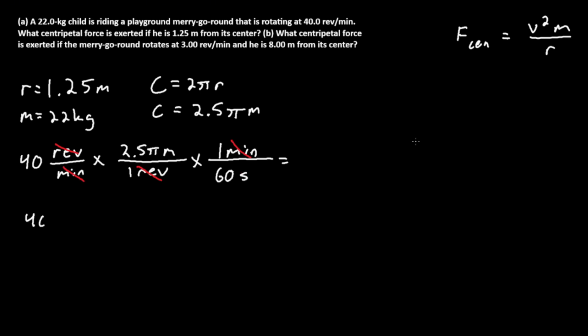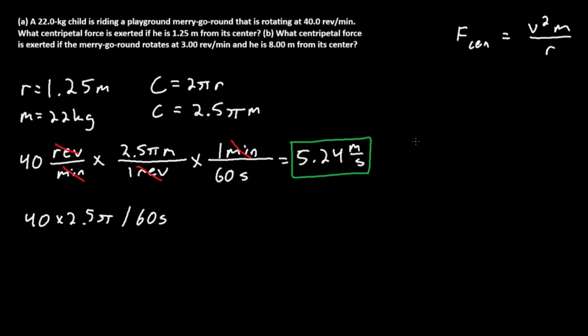So all you need to do is multiply 40 by 2.5 pi, divided by 60 seconds into your calculator, and then you will get a tangential velocity in this case. And once you do that, you should get a speed of 5.24 meters per second as your velocity. So once we have our velocity, we could just multiply everything together.